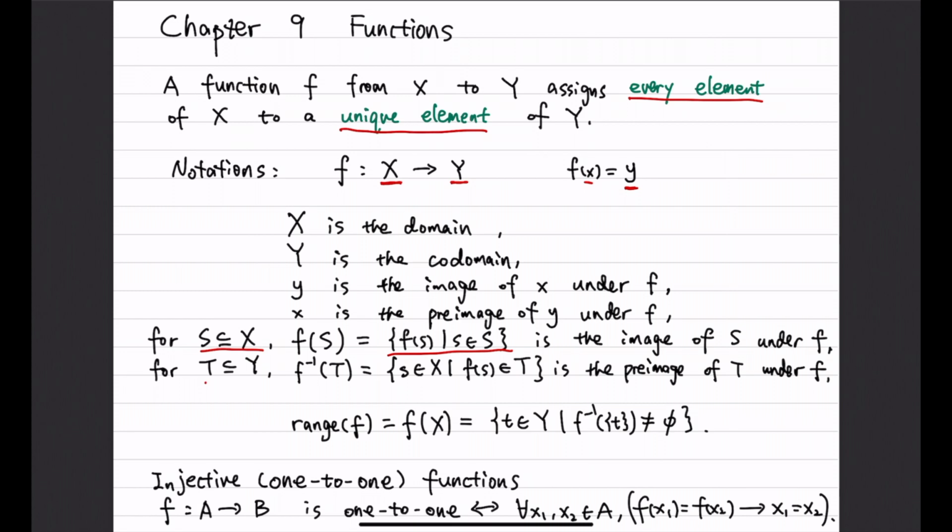Similarly, if T is a subset of the codomain Y, then f inverse of T, which is defined by this, consists of elements s in X such that f maps s to a member of T. And this set, f inverse of T, is referred to as the pre-image of the set T under the function f.